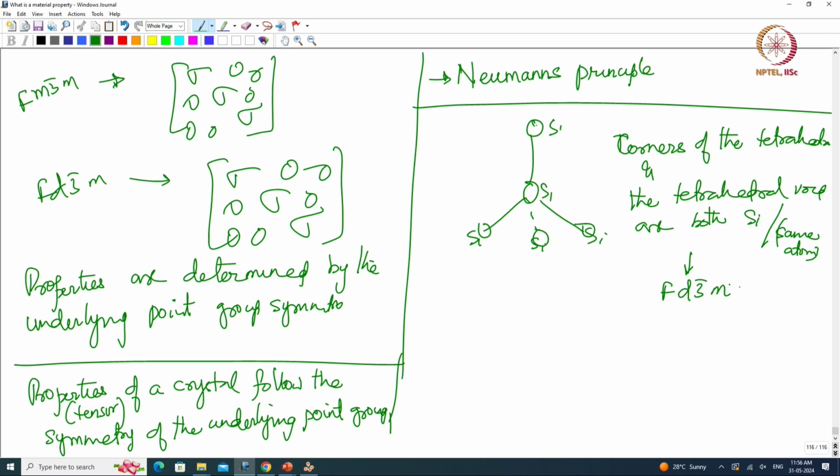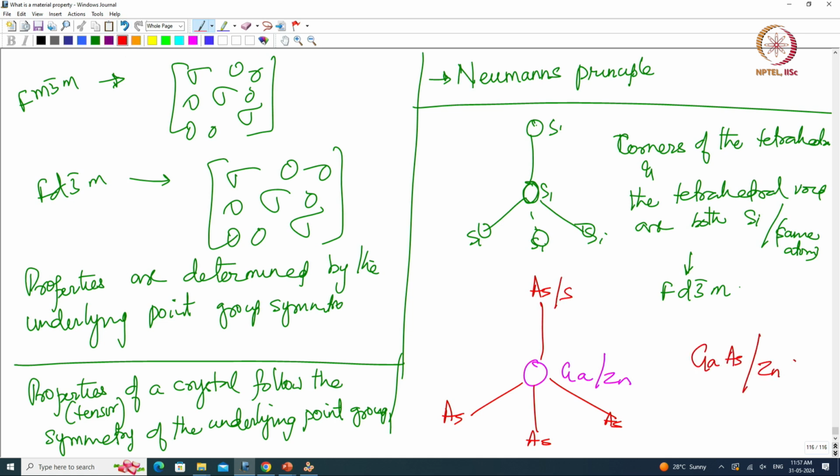But I replace all the centers with, let us say, a gallium atom, whereas I replace all the other corners with arsenic, let us say, and retain the rest of the structure, right. Or gallium or zinc, and this will be, let us say, arsenic or sulfur, right. So, this is the structure of gallium arsenide or zinc sulfide, right.